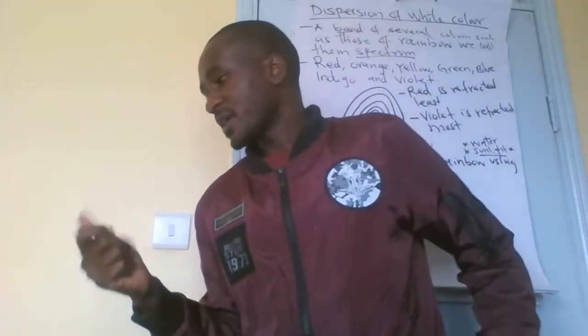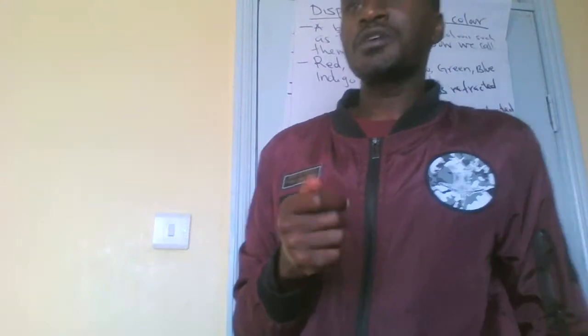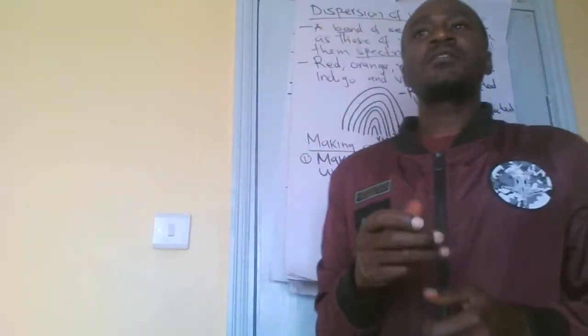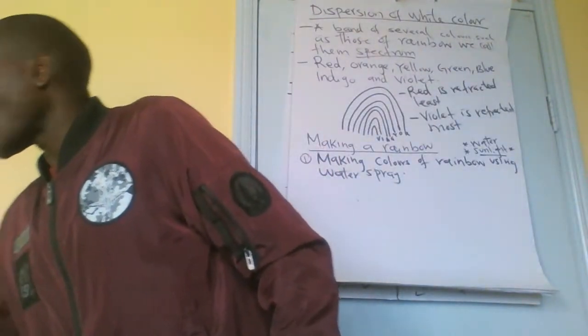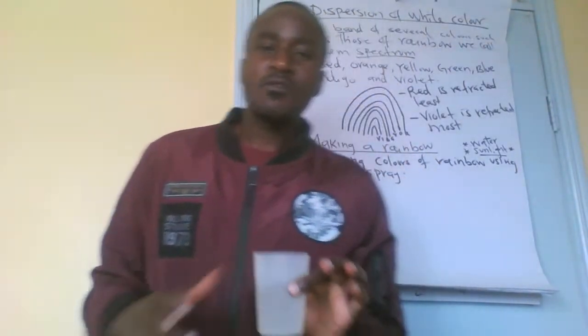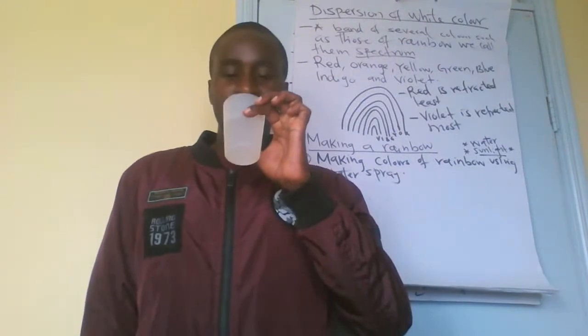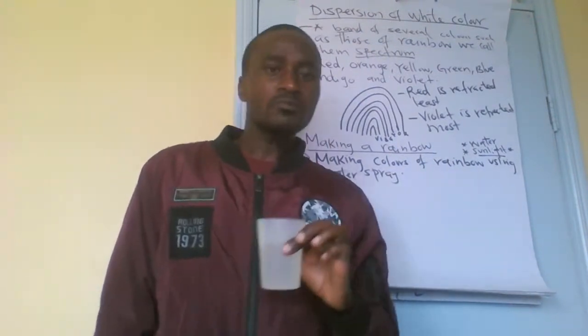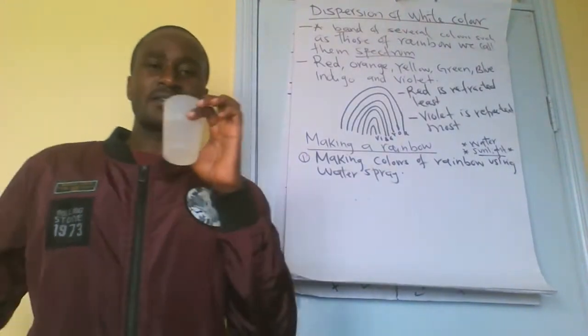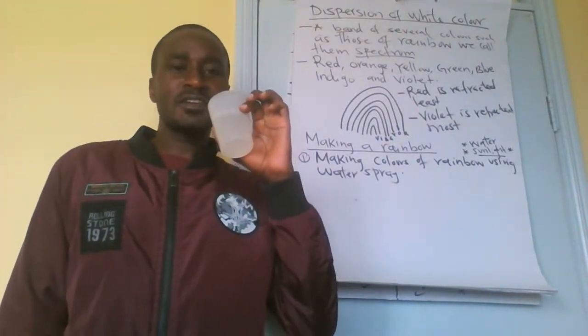This one you can do in several ways. You can have a spray like those we use to spray insects, or you can go outside and have a cup of water like this one on a sunny day. Make sure it is outside, not inside the room.